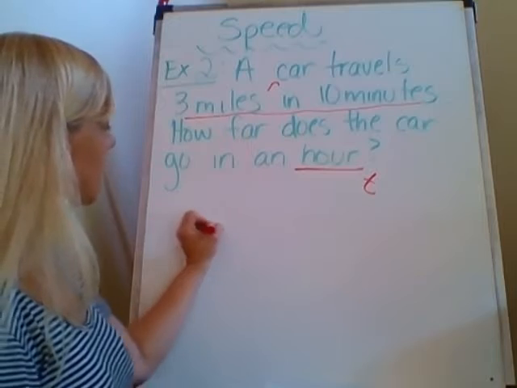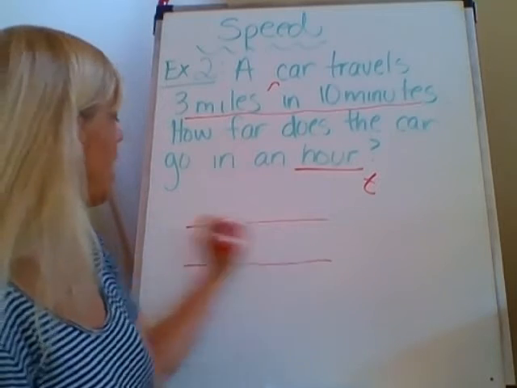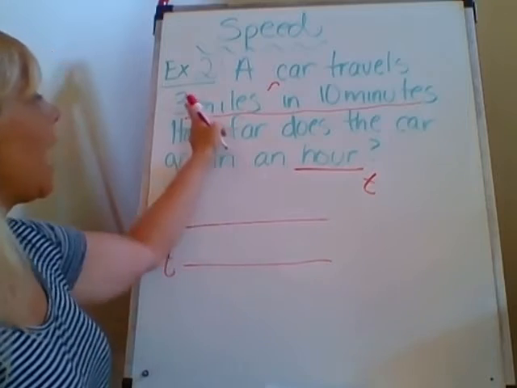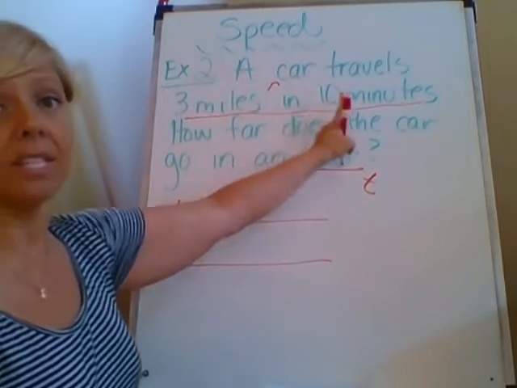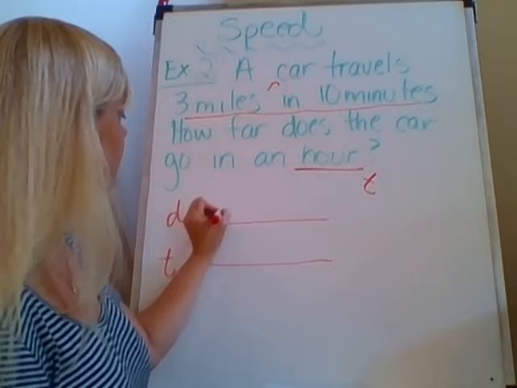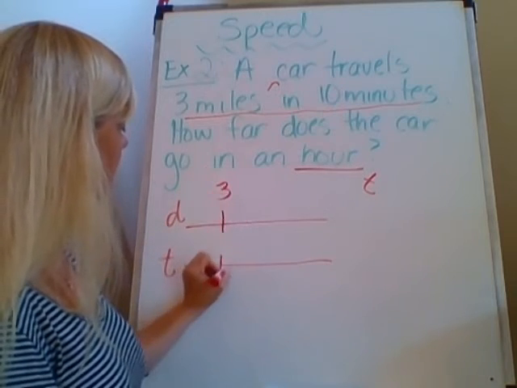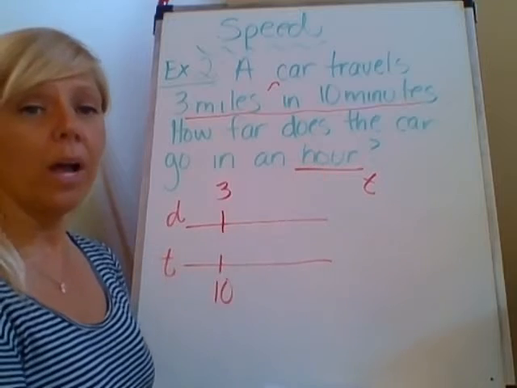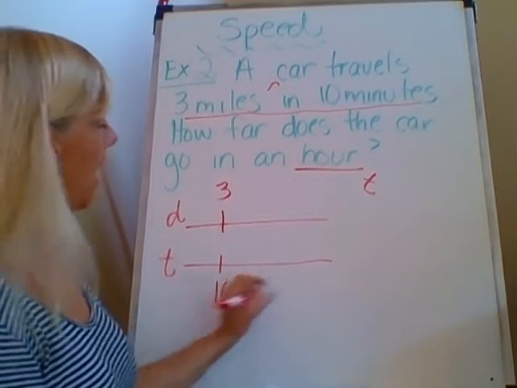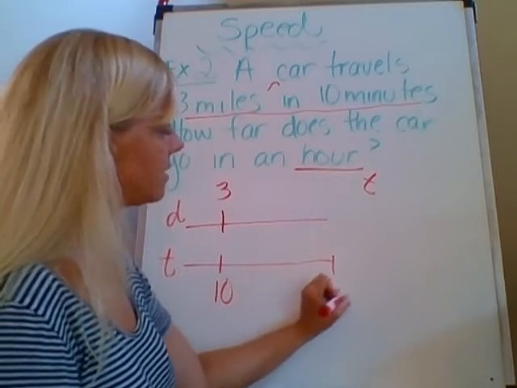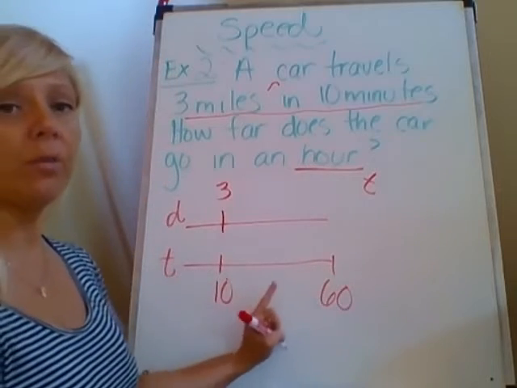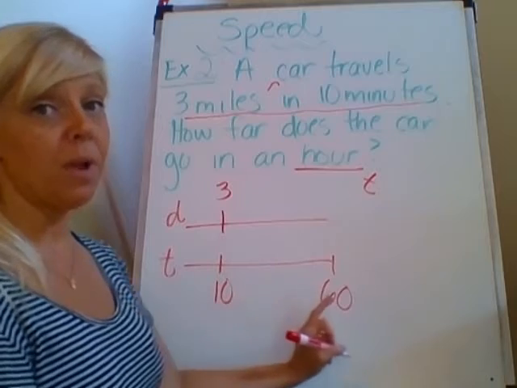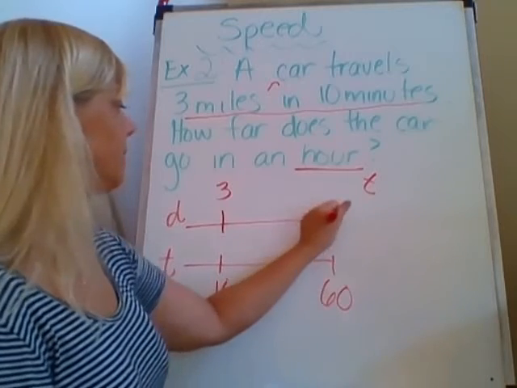So if I'm using my double number line and I put my distance and my time, I know that 3 miles is 10 minutes. So I'm going to put my distance 3 miles, 10 minutes. I need to know an hour. Well, from 10 minutes, I would have to go to 60 minutes. So 10, 20, 30, 40, 50, 60. I know that the 10 is being multiplied by 6 to get 60.